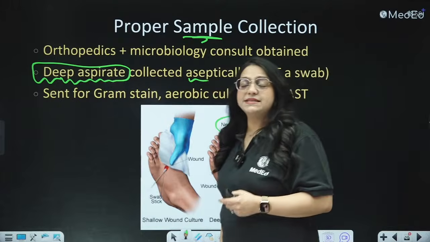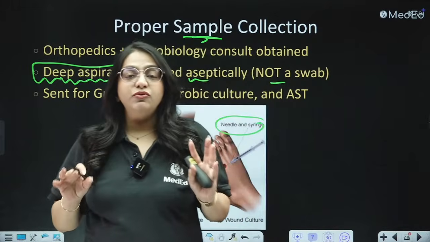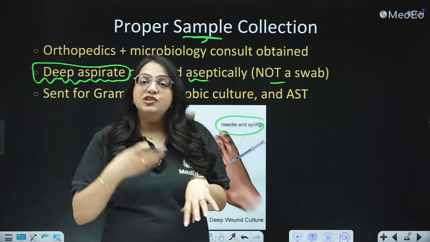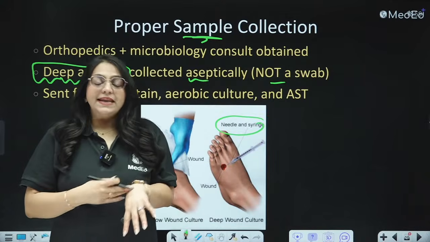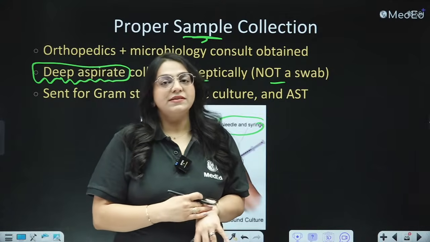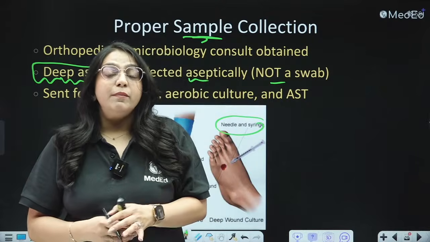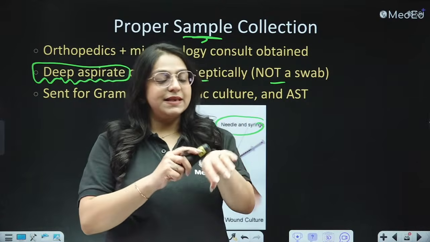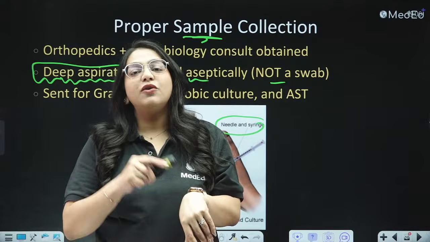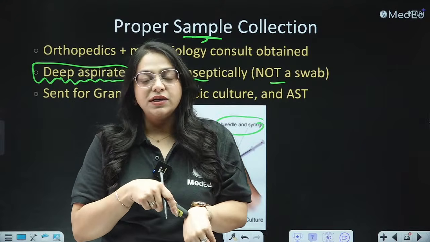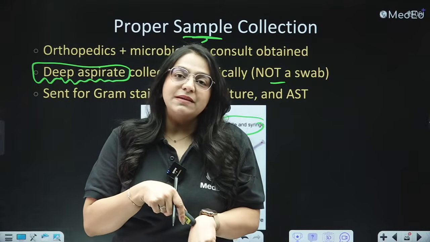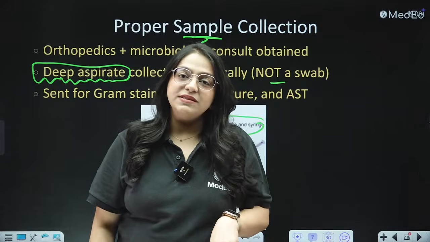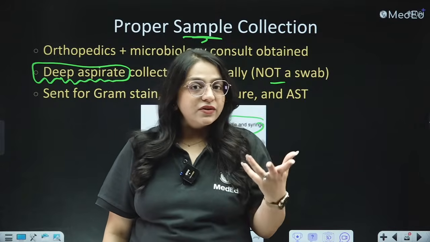What is the meaning of aseptically? You don't have to think that if it is a wound which is infected, then asepsis need not be performed on the skin. That is not the case, because if you think performing asepsis on the skin is going to kill the organism which is causing the wound, then why do you need all these antibiotics? Simply rub Dettol on wounds, and everything should become fine. No, that is not the case.